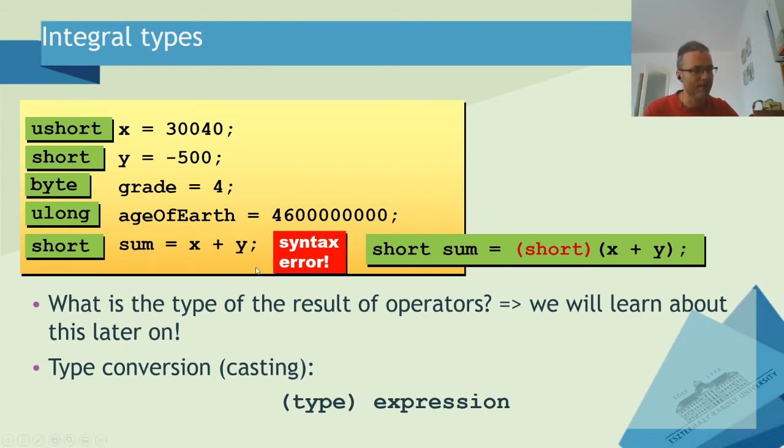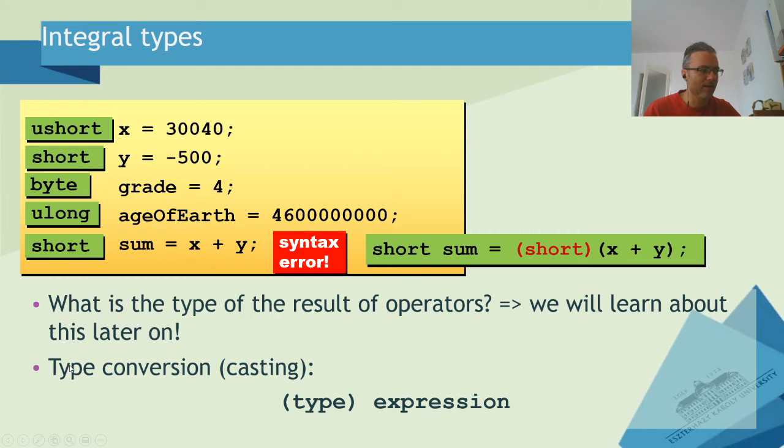So here I have an expression x plus y. I would like to force the result of the summation to become short. This is how you can do this. Just put the type in front between parentheses.